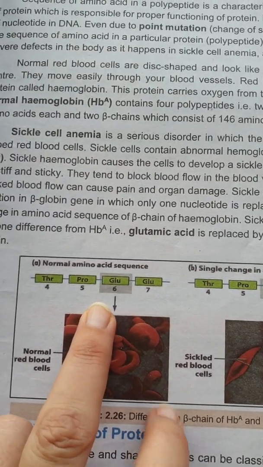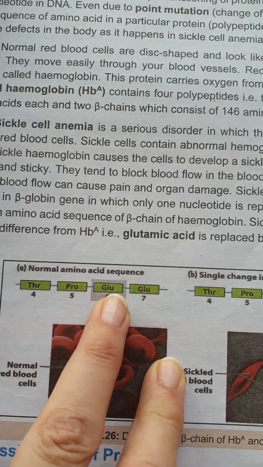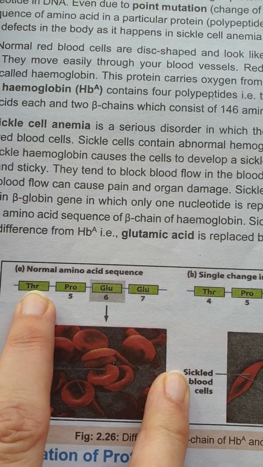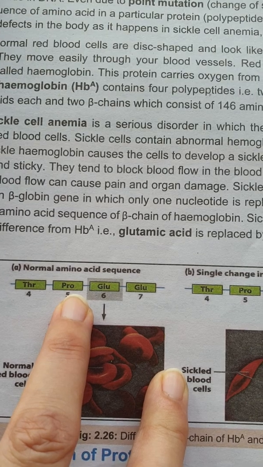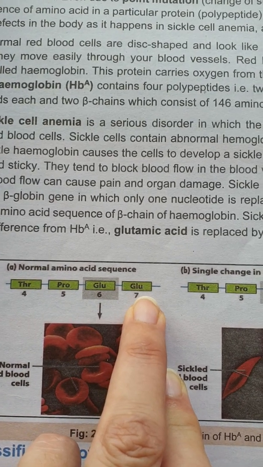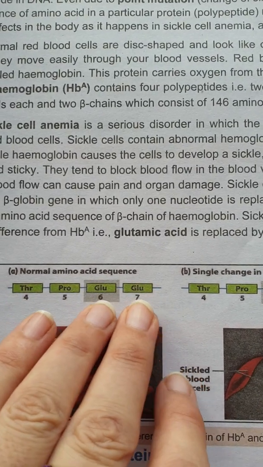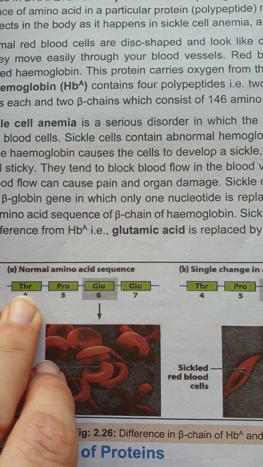We can see that this is the normal chain sequence of the hemoglobin: threonine, proline, glutamic acid and glutamic acid. This is the normal sequence of the amino acids in the hemoglobin.